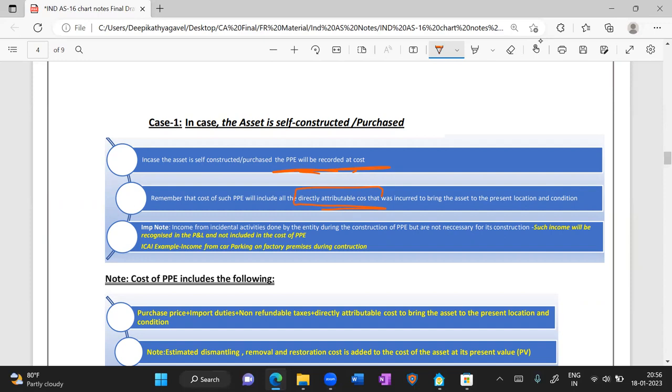One of the most important notes in this self-constructed and purchase: if you look at some of the ICAI problems, they would have given, let's say there was a self-construction, a building was being constructed, okay, and obviously if it's a building going to be constructed, I will not be able to construct it in one or two days, right? It is going to take me, of course, some months or a couple of years. So in that time span, the ground floor of the building is quite idle, because the first floor or the second floor construction is happening.